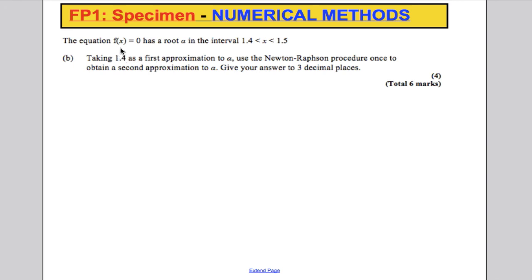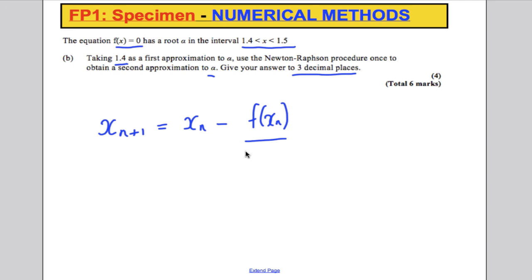Part B. It tells us that f of x is 0 has a root between 1.4 and 1.5. Starting off with an approximation for the root of 1.4, do the Newton-Raphson procedure once to obtain an approximation for alpha to 3dp. In our formula booklet, it tells us the Newton-Raphson iteration: x subscript n plus 1 is equal to x subscript n subtract f of xn over f dashed xn.